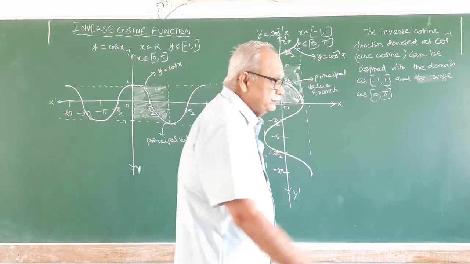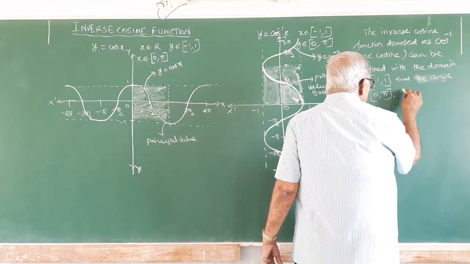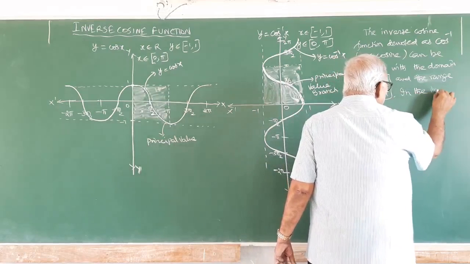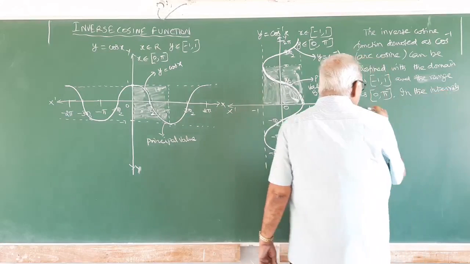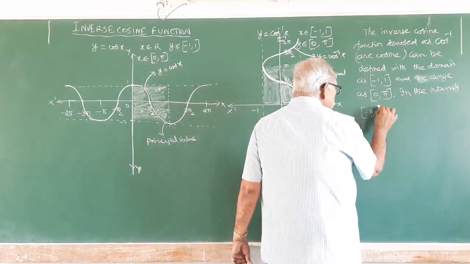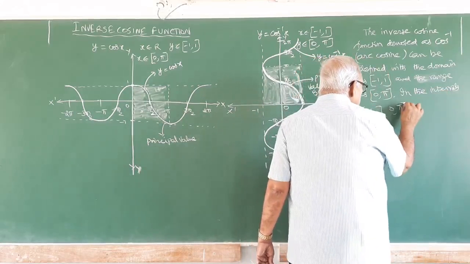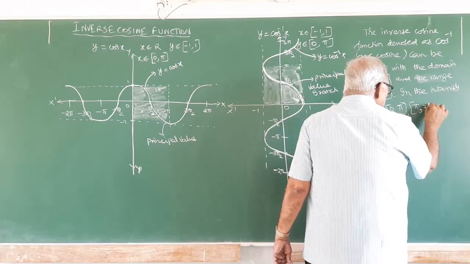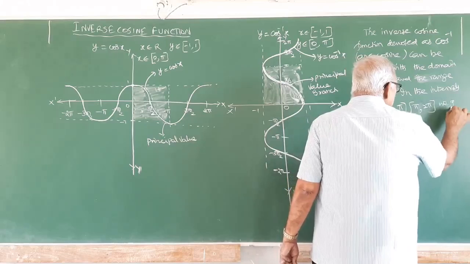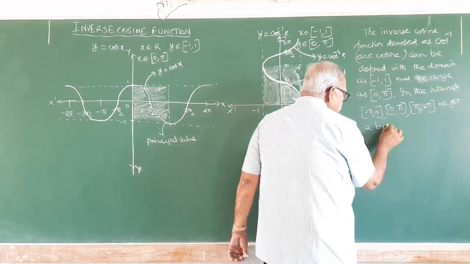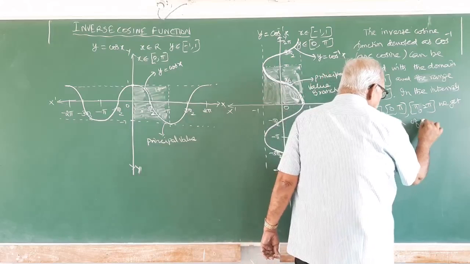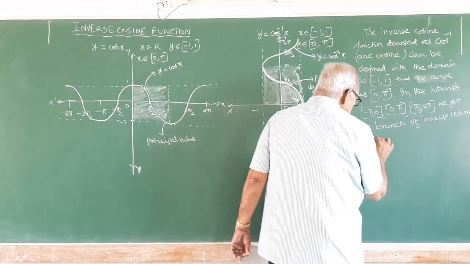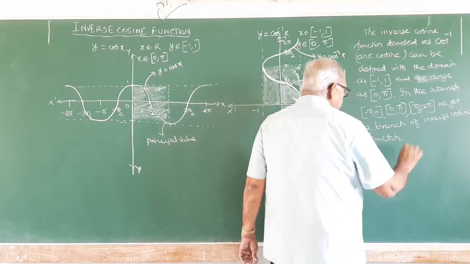But in the intervals minus pi to 0, 0 to pi, and pi to 2 pi, we get a branch of the inverse cosine function. A branch of the inverse cosine function.